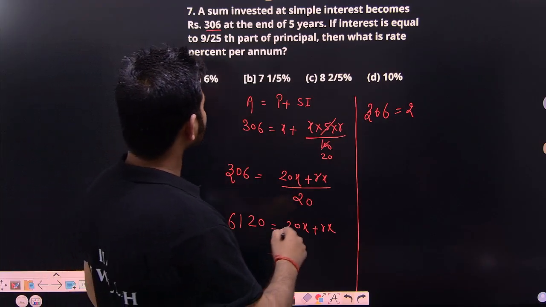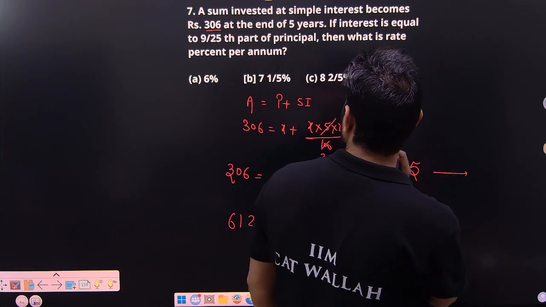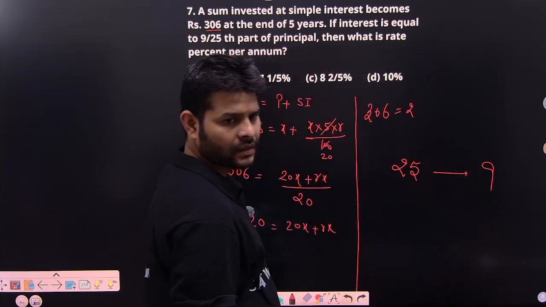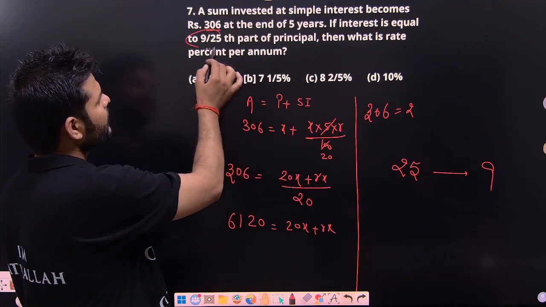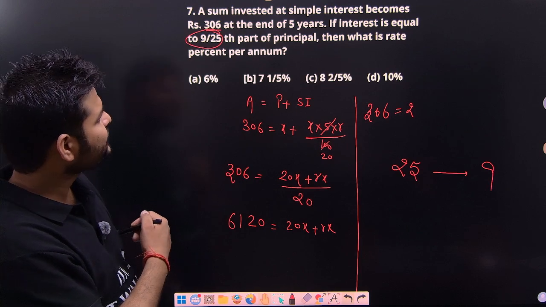If the principal is 25, then the interest is 9 according to this statement. And this 9 is for 5 years.